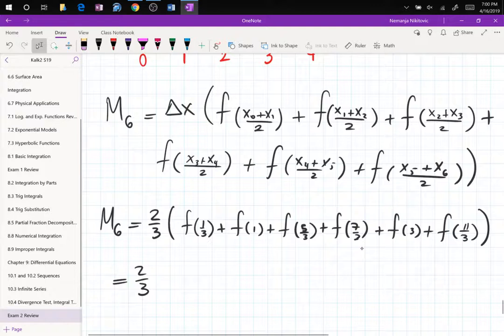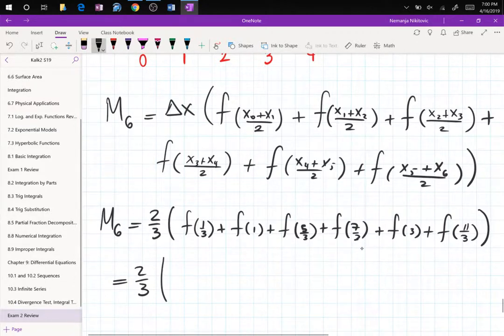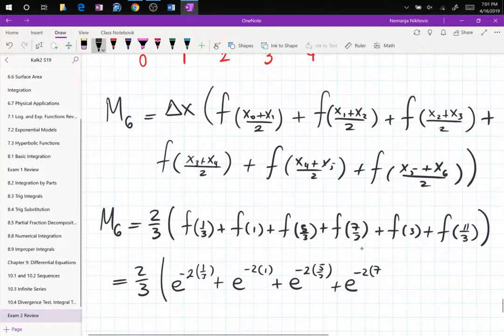So this is now the integral, and then we have e to the negative 2 times 1/3, plus e to the negative 2 times 1 plus e to the negative 2 times 5/3 plus e to the negative 2 times 7/3 plus e to the negative 2 times 3 plus e to the negative 2 times 11/3.